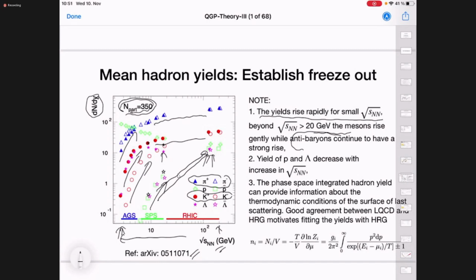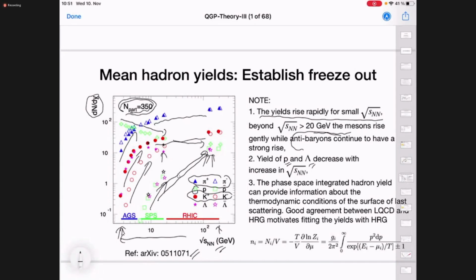And in contrast to this overall general trend are our proton and lambda. Instead of increasing with beam energy, the proton, which is the open plus green symbol, is falling. Initially it falls rapidly, and then there is a gentle fall.